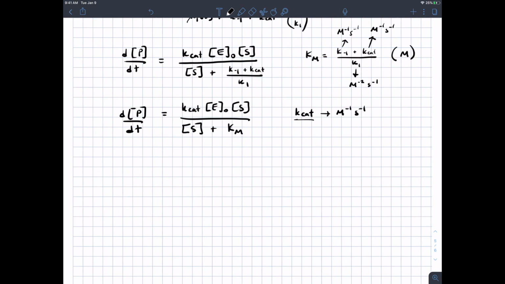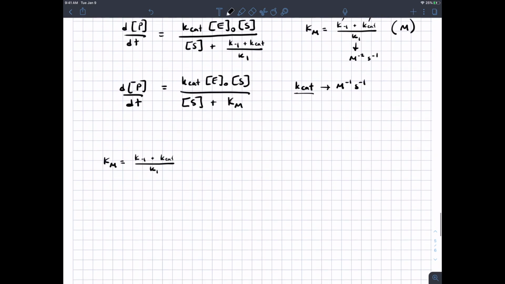Km, its meaning depends. And so let's look at this and let's imagine a situation where K minus 1 is way, way greater than K cat.